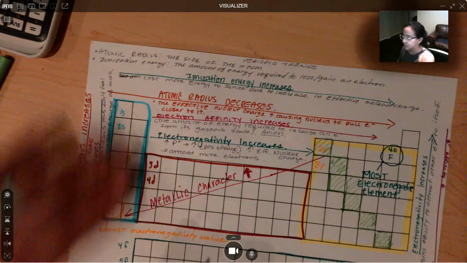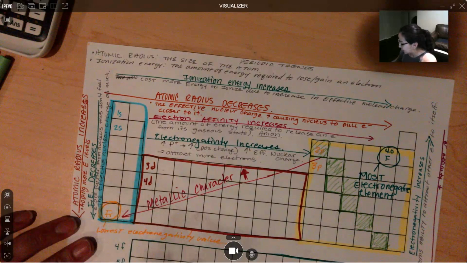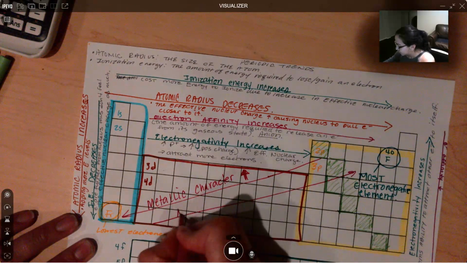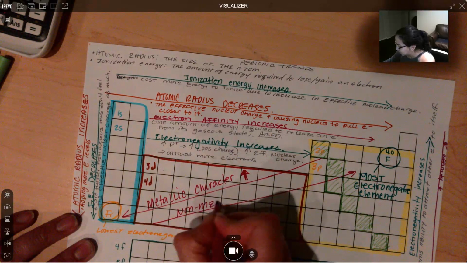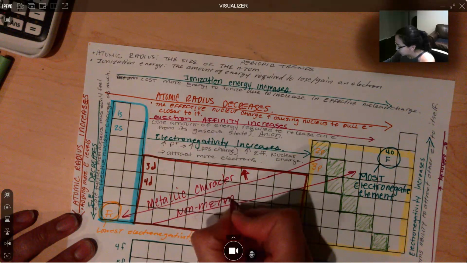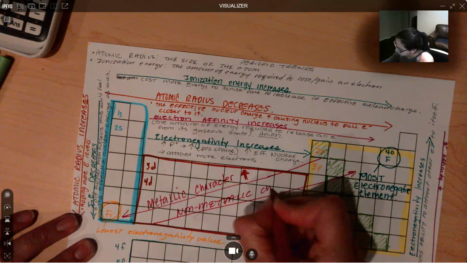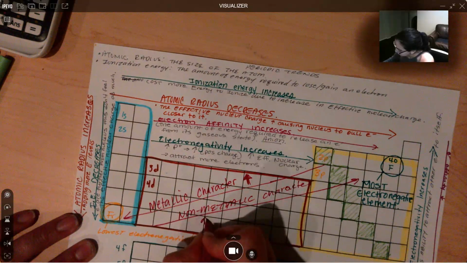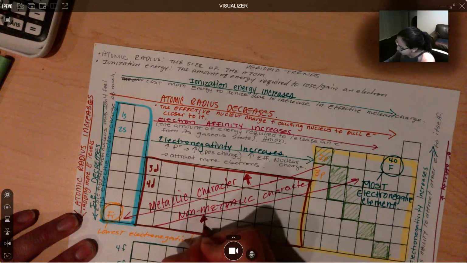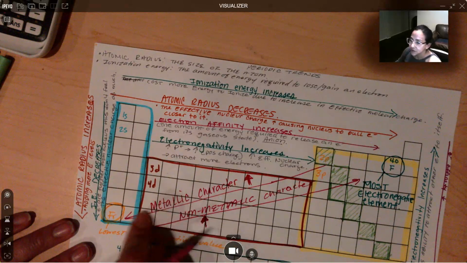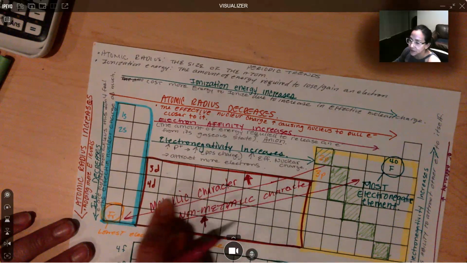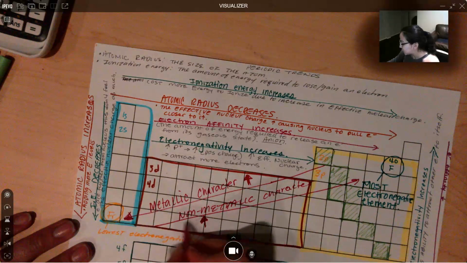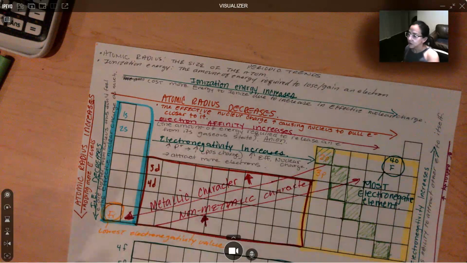And your non-metallic character increases going up. Now, for this one, I realized I said you increase it as you go up. No, you increase metallic character as you go down this way, and you increase non-metallic character as you go up.